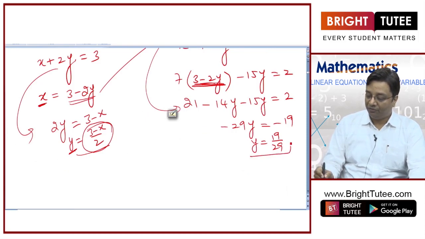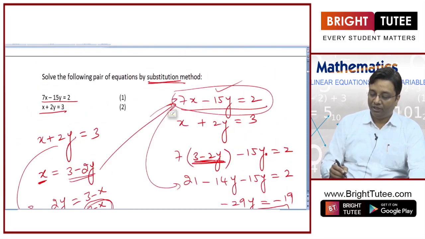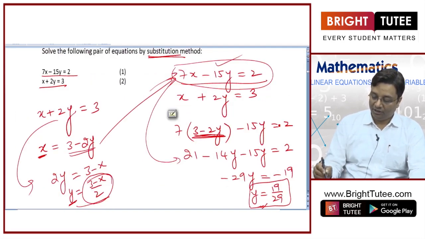Once you get value of one variable, now you can put this value in any of these equations and obtain the value of x. So let us put this y equal to 19 by 29 in this equation, equation number 2.